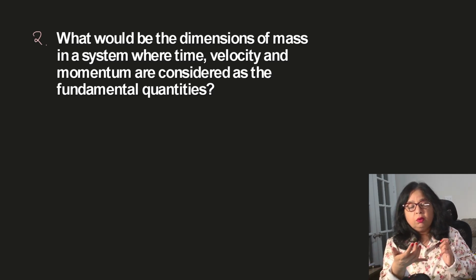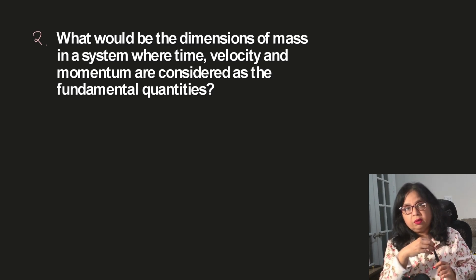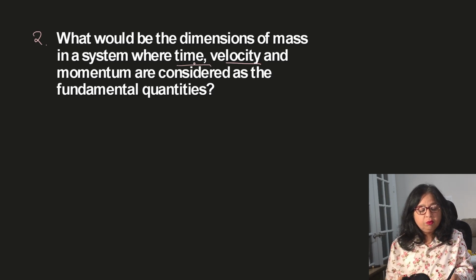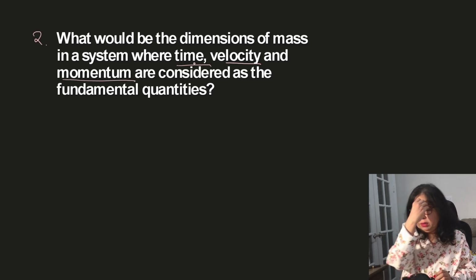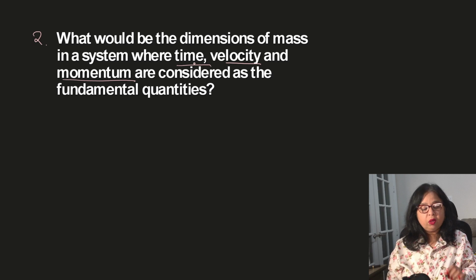And those could be like speed of light, Planck's constant, and gravitational constant. Very popular choice. And in this problem, instead of mass, length, and time, you have time, velocity, and momentum as the fundamental quantities. And you're asked to solve for the dimensions of mass in terms of time, velocity, and momentum.